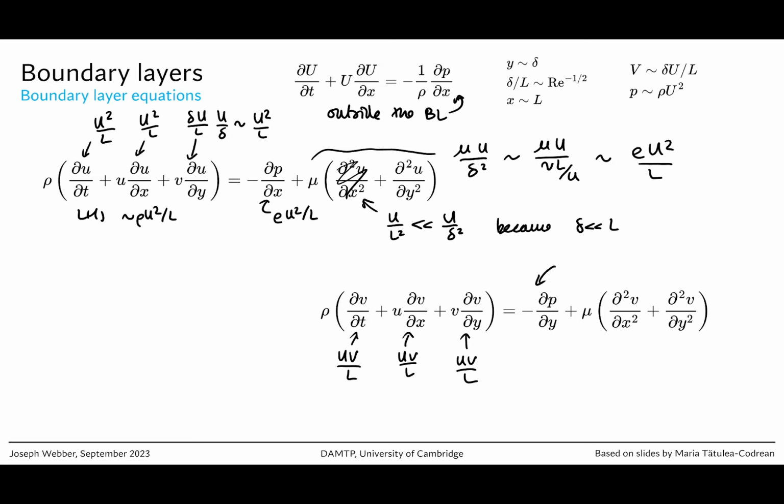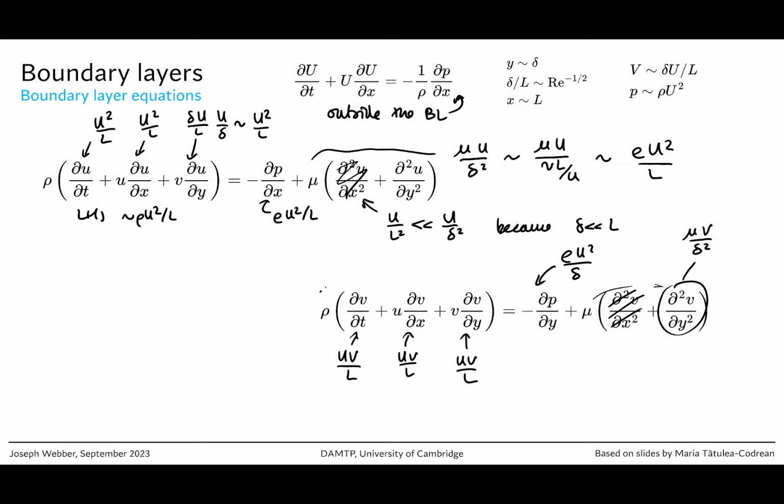Now this term here will scale like rho u squared over delta, because that's just dividing pressure by the y scale. Again, we can kill this term because it's beaten by this one here, and this term here multiplied by the mu just scales like mu v over delta squared.